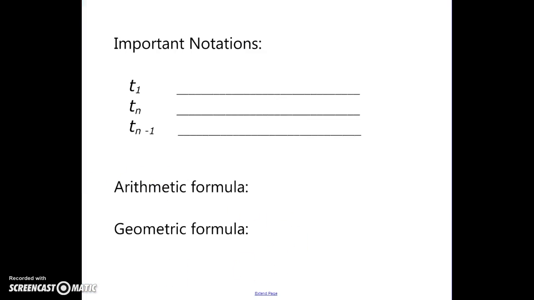So before we go on, we have some notations we need to talk about. We've talked about all these before. This is a quick review that T1 means the first term, so the first term in a sequence. If you're thinking about an XY table, that means that the X is 1.